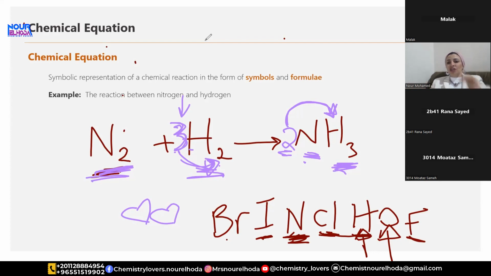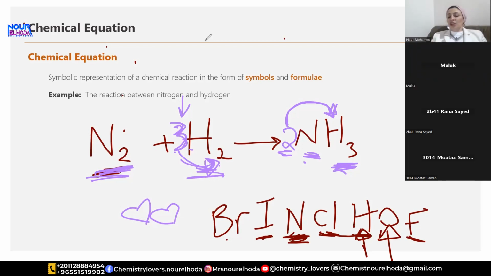If you start balancing carbon, then hydrogen, then oxygen, it's going to work out, especially for organic, like balancing alcohols, which we did in class today. It's easy, but you need to think. You start with the carbon, then the hydrogen, then the oxygen. But here, move in order, normal. I started with the nitrogen, then the hydrogen.